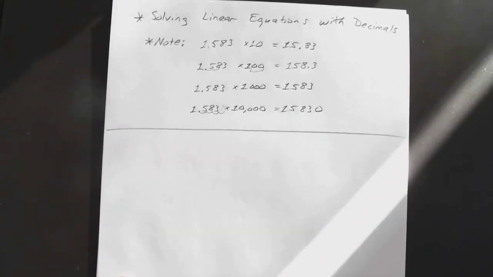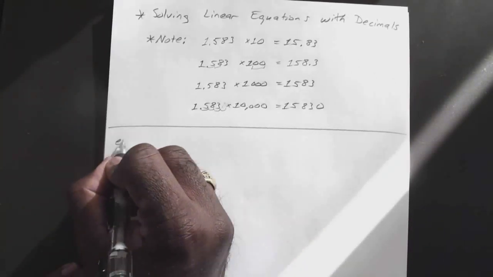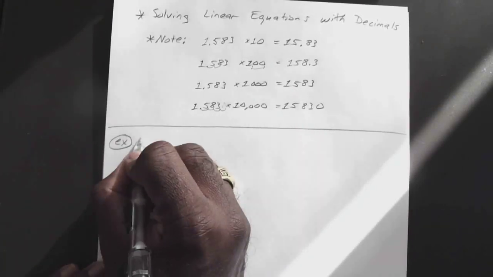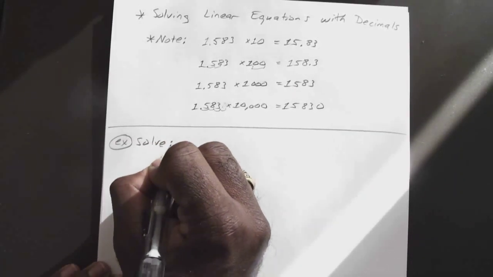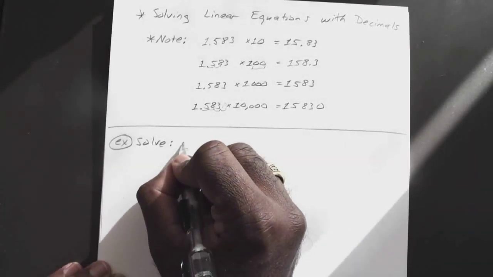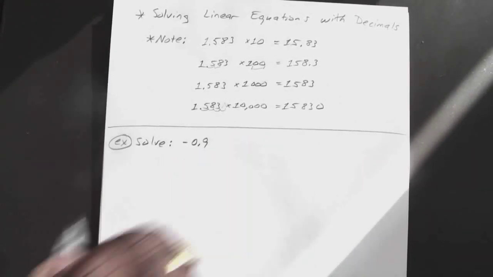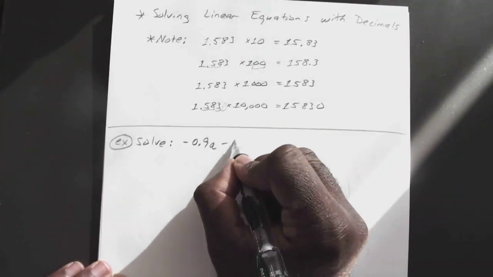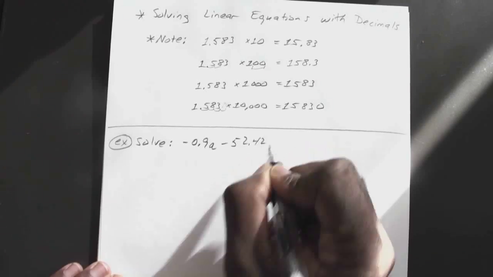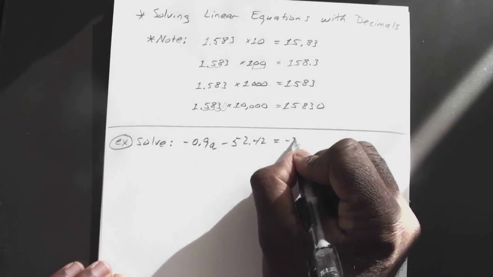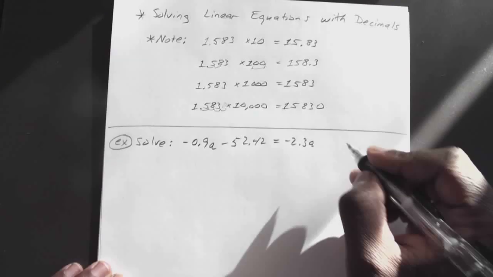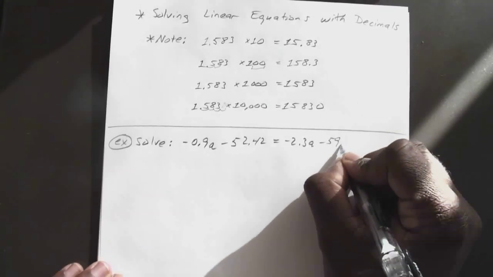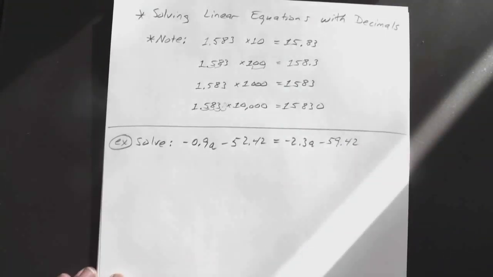Okay, so say for example, you wanted to solve negative 0.9a minus 52.42 equals negative 2.3a minus 59.42.